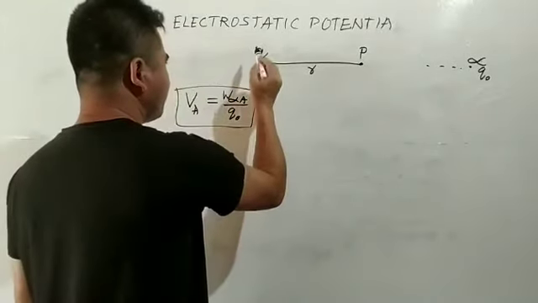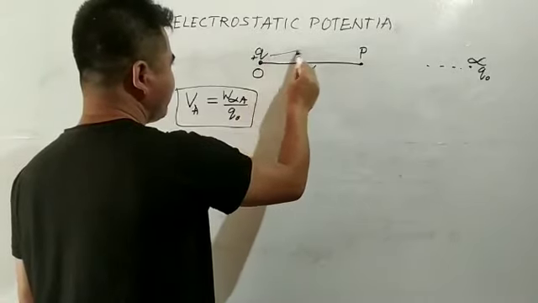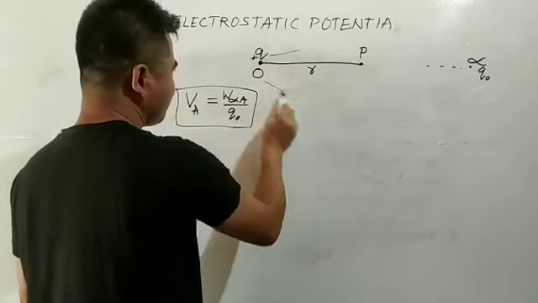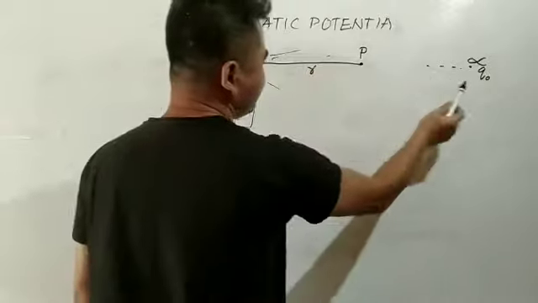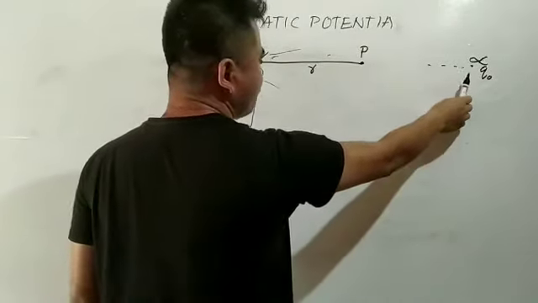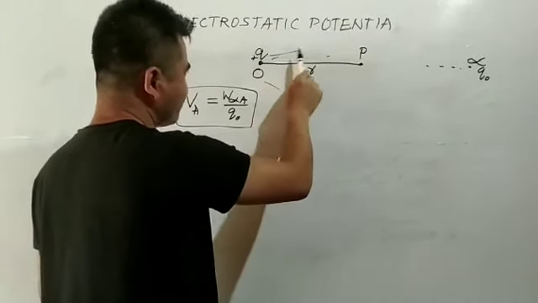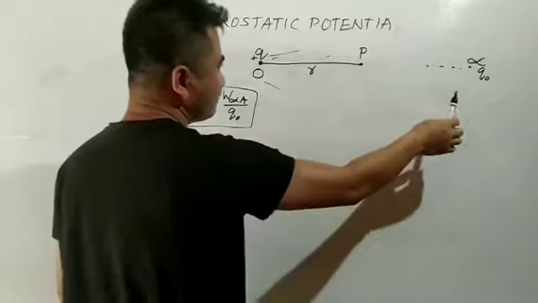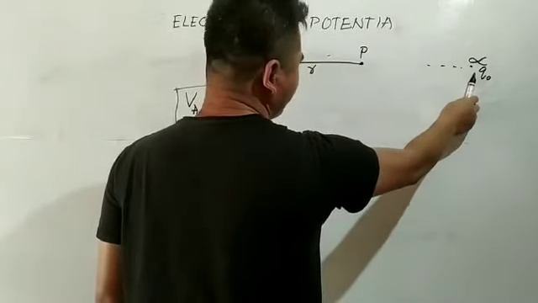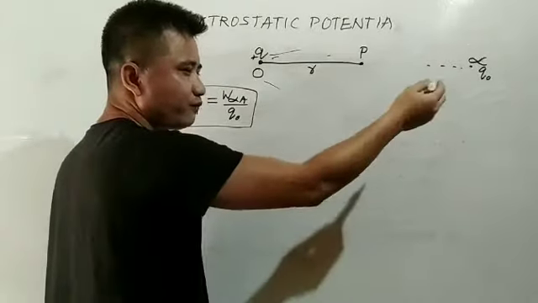Since this is a positive charge, the electric field lines will be in this direction. This is also positive, so it will repel. So we have to do work against the electrostatic force. The force is in this direction, and we have to bring this Q naught against the force, so we have to move it forcefully.